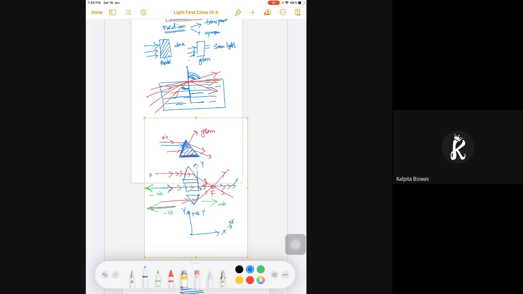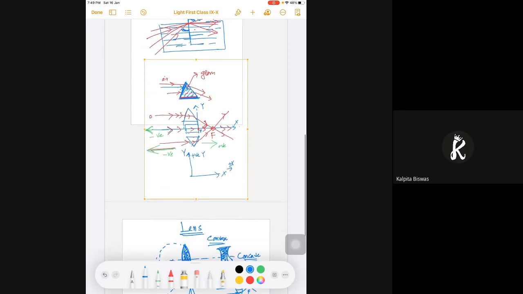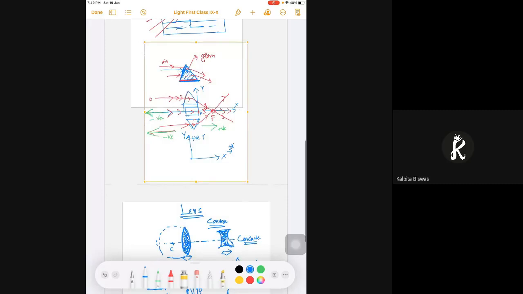Okay, so now slowly as we move on, we will see how light is bending when it travels from one medium to other medium, rarer to denser, denser to rarer, how it is changing its path.